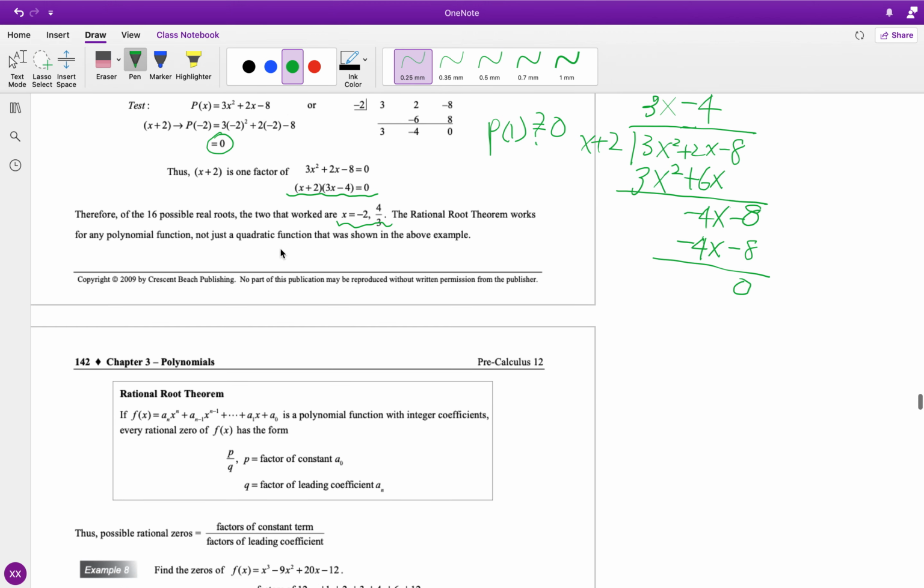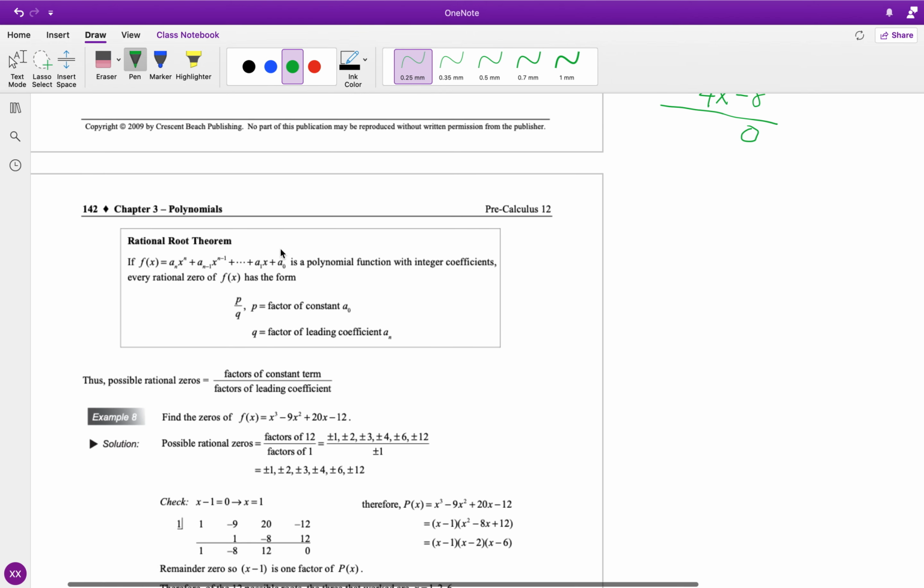Okay, so now let's take a look. This is your rational root theorem. So if this is your polynomial function, note here it says the integer coefficient, because in this case, if you have rational roots, the coefficient has to be integer.